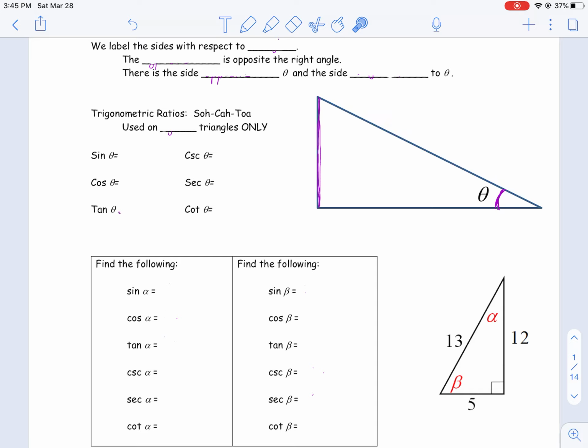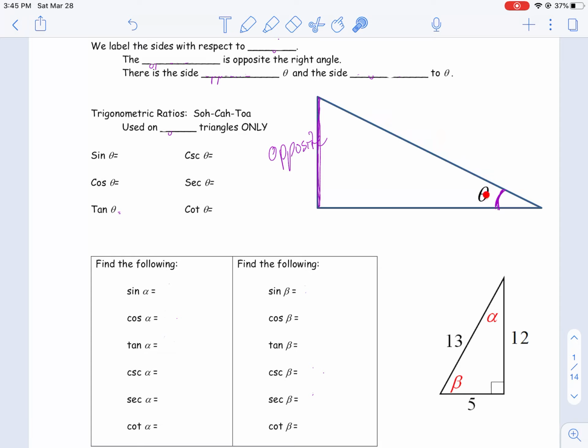Hopefully you're seeing this as being opposite. This side is opposite of this angle. We are always going to refer to the opposite side of a given angle as this one here.